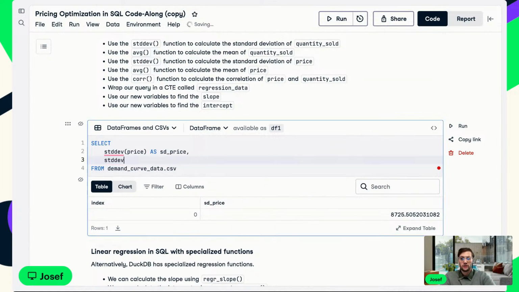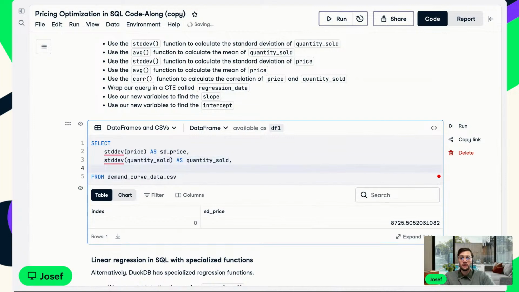So let's come up with a standard deviation of quantity sold as SD quantity sold, and the average of price as mean of price. SQL always says average, but then I always make the variables say mean just so I don't think about the median. That's just what I do.